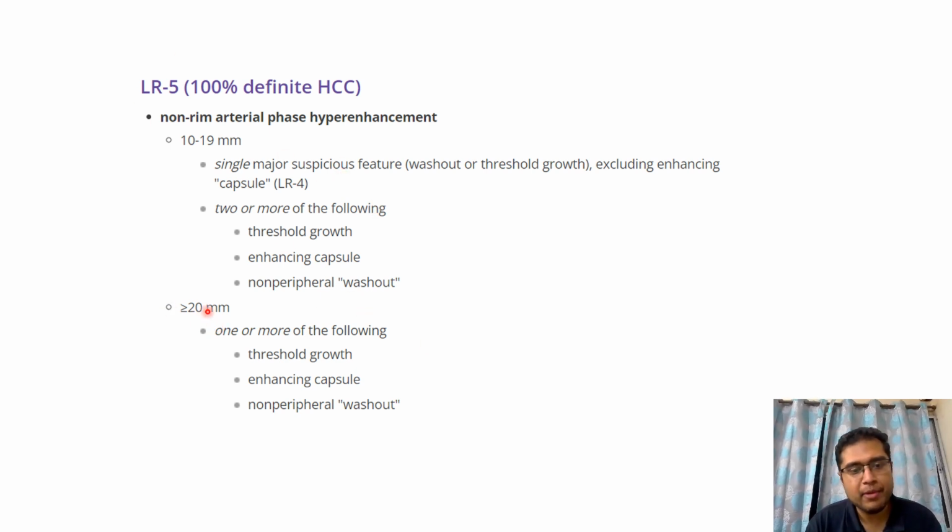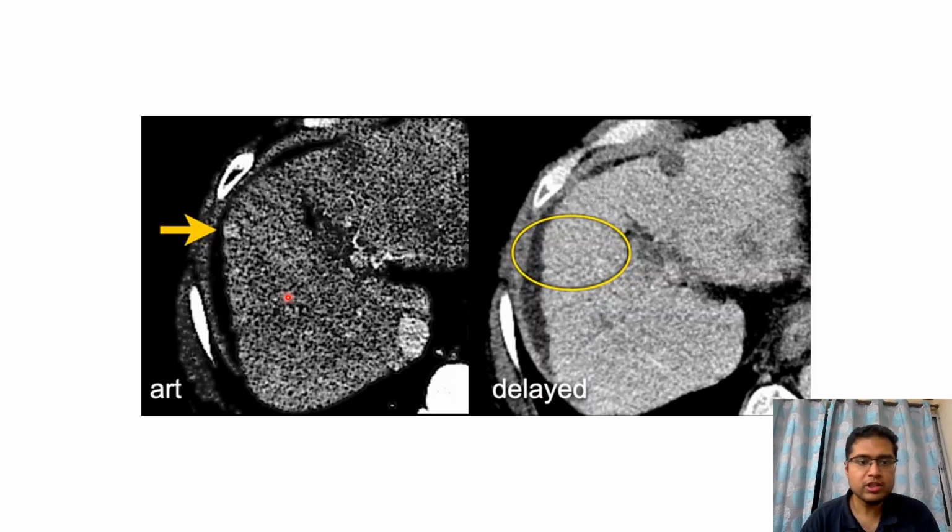Lesions of 20 mm or more with any one or more of threshold growth, enhancing capsule, or non-peripheral washout are included in LR5. So this observation of 5 mm, which showed non-rim arterial phase hyperenhancement and non-peripheral washout with no enhancing capsule, comes under the LR4 category.